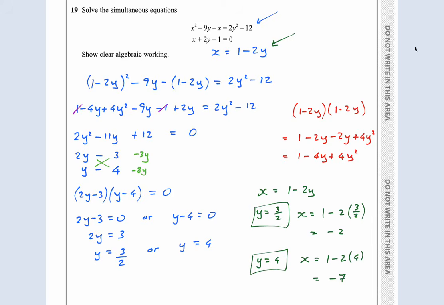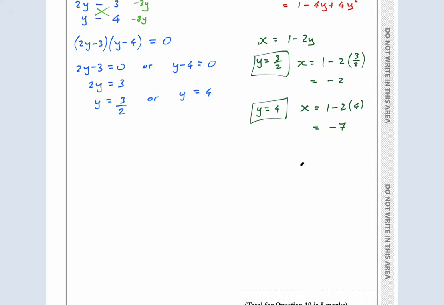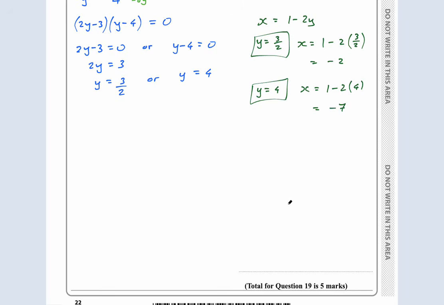Now I have my two solutions. Write them together. x equals negative 2 when y equals 3 over 2, or x equals minus 7 when y equals 4.